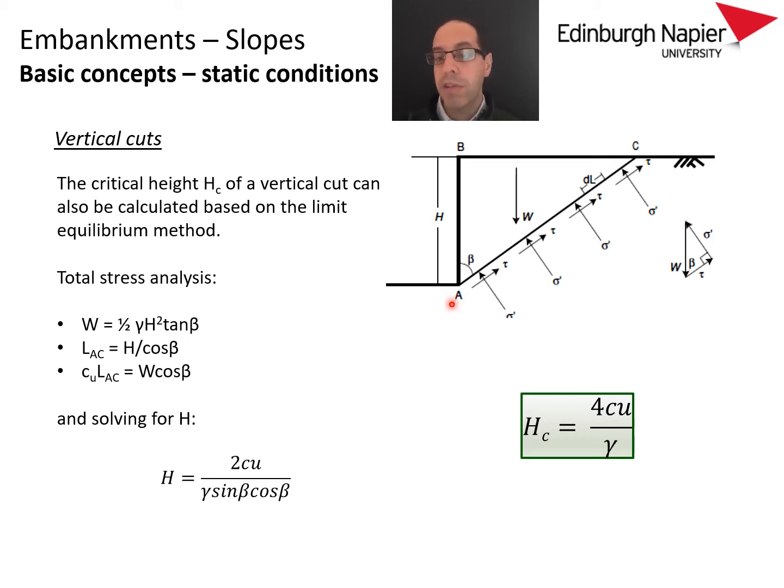And we are also looking at short-term undrained conditions, so that resistance is in terms of Cu. And then, as you can see by the arrows, we solve perpendicular and parallel to that slip surface. On the basis of that and some mathematical development, we could also calculate the critical height for a vertical cut in soil with that undrained shear strength and that unit weight.